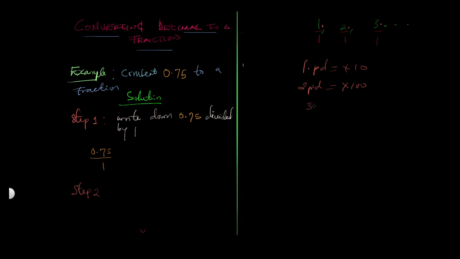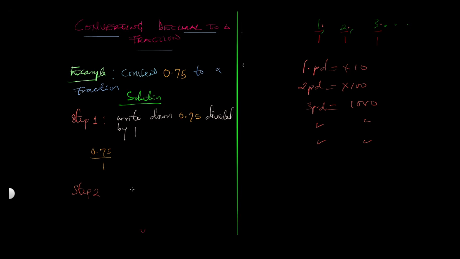If it is 3 places of decimal, you multiply with 1000, and so on. So the places of decimal of this number is 2. After the decimal point, we have 1, 2. So you are going to multiply both the top and the bottom with 100. So it becomes 0.7.